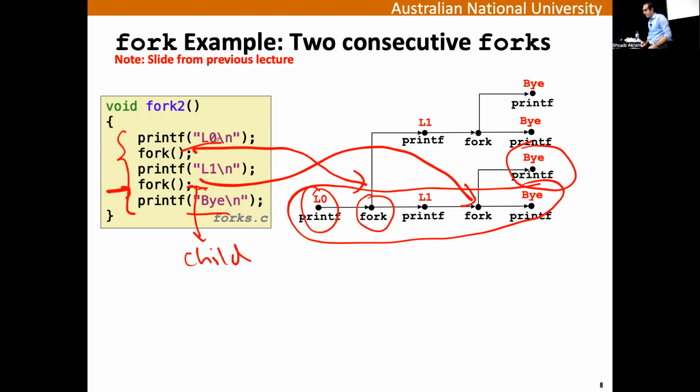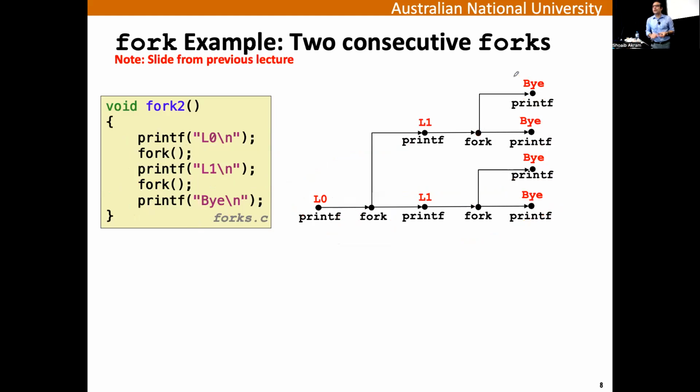And this child here does a printf, another fork, and a bye and a bye. So you end up with 4 processes. We don't necessarily need to write confusing code like this. This is just for illustration.